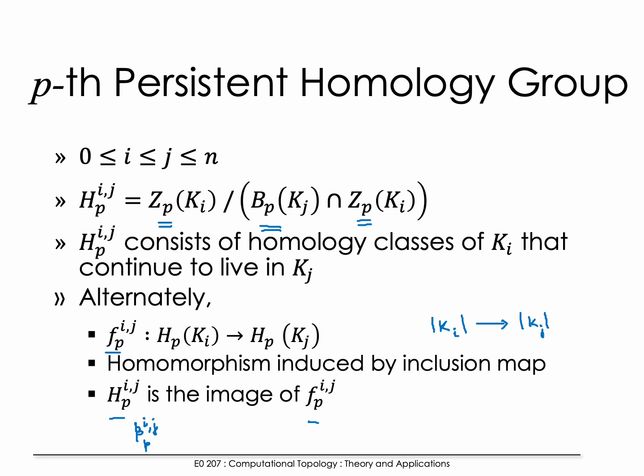Now, the way the cycle search algorithm works, it started with the boundary representation of a particular simplex sigma_j, and then went back in time and tried to find the creator. This can be formulated using the boundary operator and the boundary matrix as well.